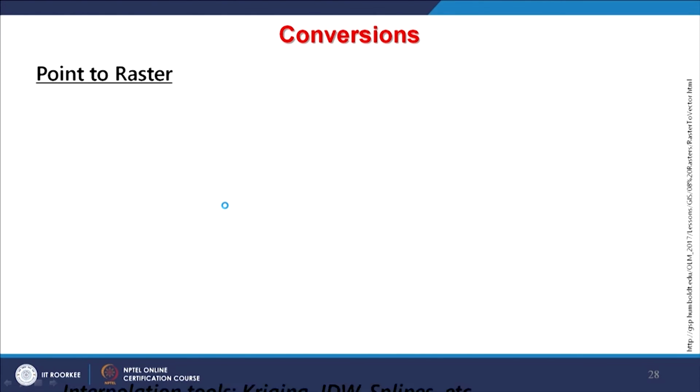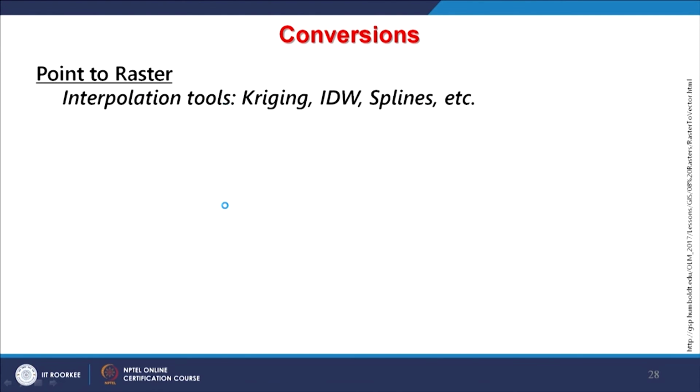Now, point to raster data means creating continuous from discrete, and the tools available for us are interpolation tools. These interpolation tools include various interpolation techniques, for example, kriging, a very popular one, inverse distance weighting method, spline and many more, and variants of these tools are also available. Not only in this particular software, but many softwares have them.